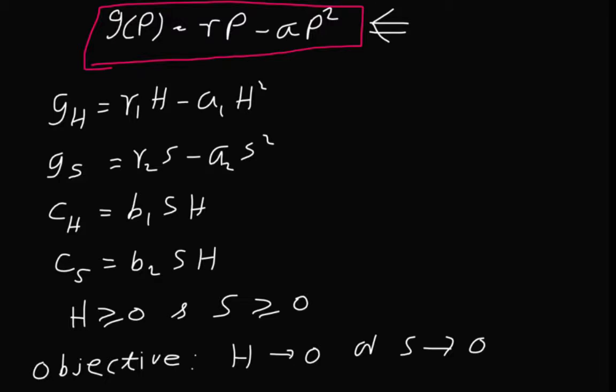Suppose we have n variables x1, x2, up to xn. These variables are called state variables.